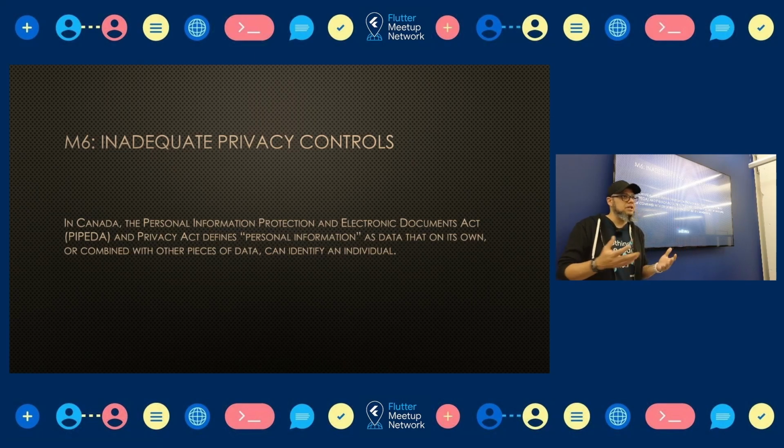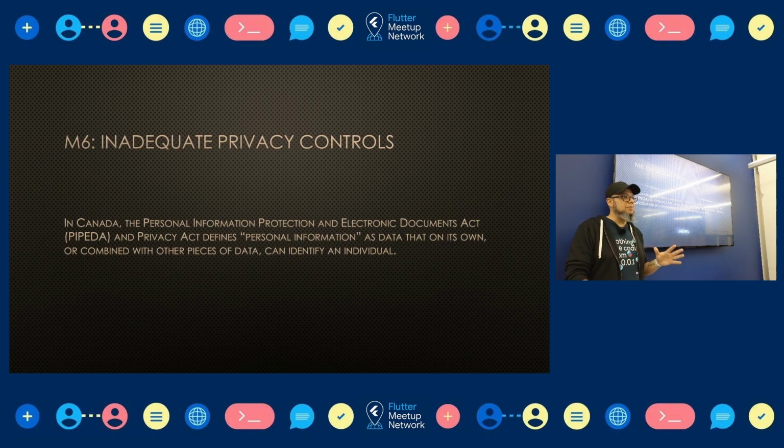It doesn't have to be exactly that. It can even be something like a phone number that can be reverse engineered to find more private information while crossing that data with other databases. And all of that is considered personally identifiable information.